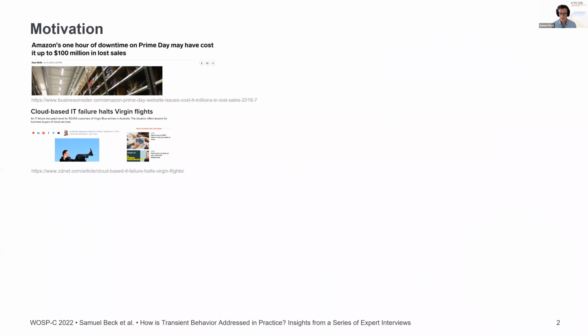First, let me motivate why we conducted those interviews. Upholding the quality of service of modern microservices is a pretty challenging task because service degradations can cause quite enormous costs, as you can see from these two headlines over here.